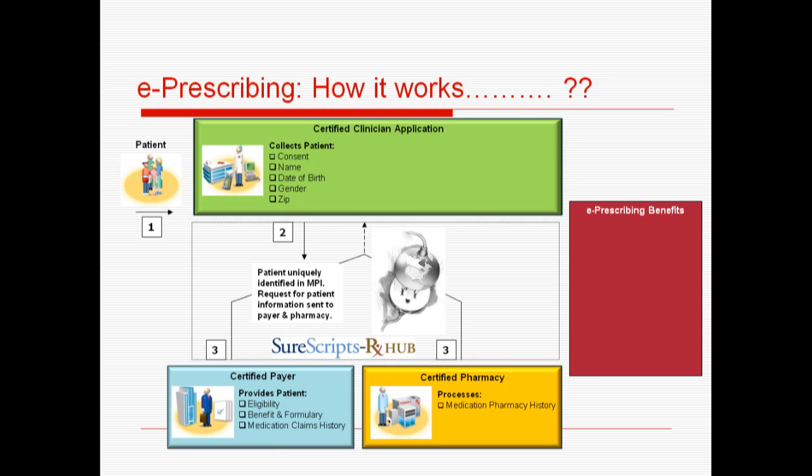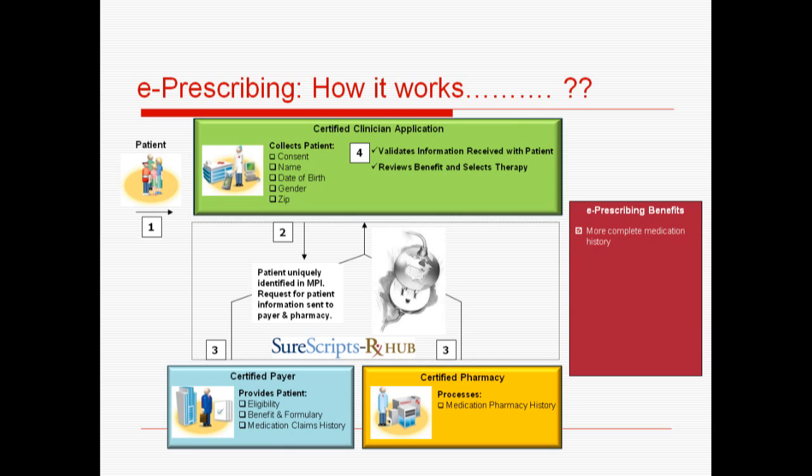The third step is where the certified payer and the certified pharmacy work, where it provides the patient eligibility, benefit and formulary, medication claim history, etc. Whereas the certified pharmacy processes the medication pharmacy history.